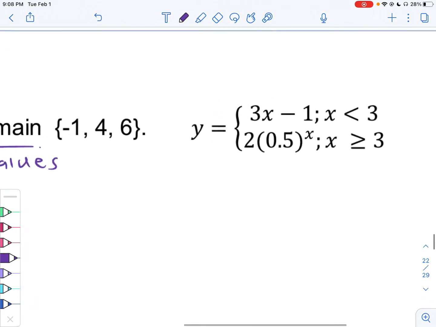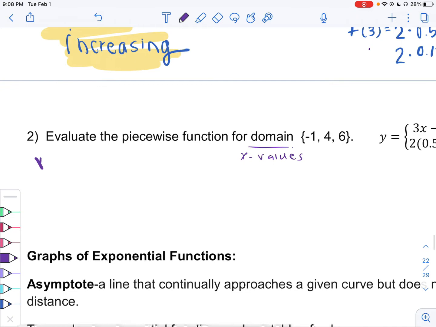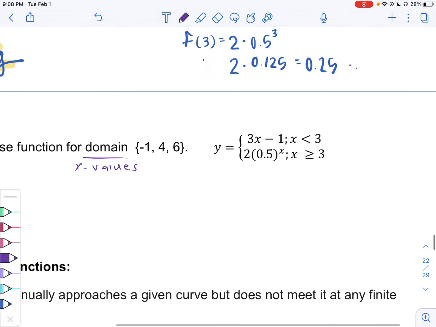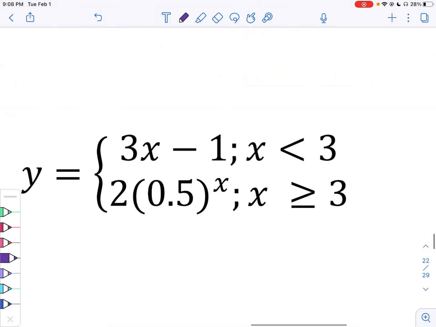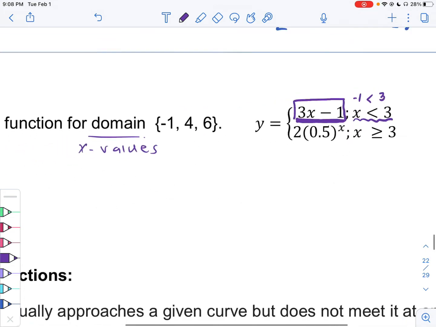So if my first x value is -1, the first thing I'm going to do is look at these inequalities. Well, -1 is less than 3, which means I'm going to use this part right here, the 3x minus 1, because my x value works for that inequality.